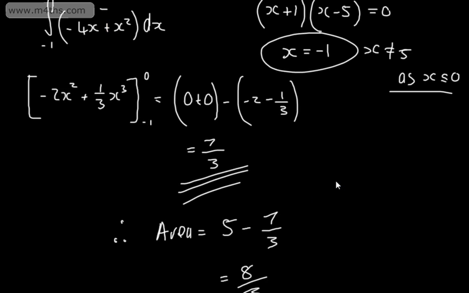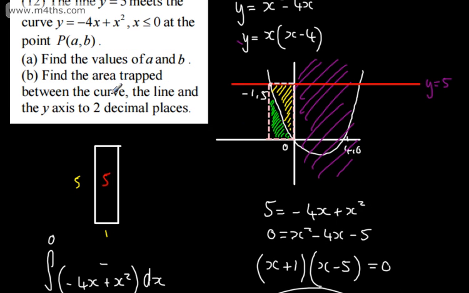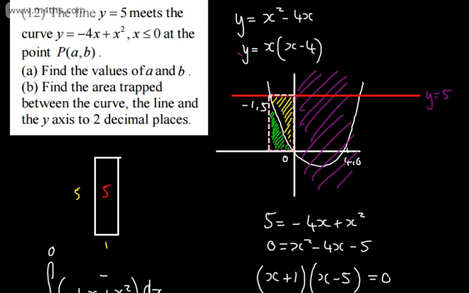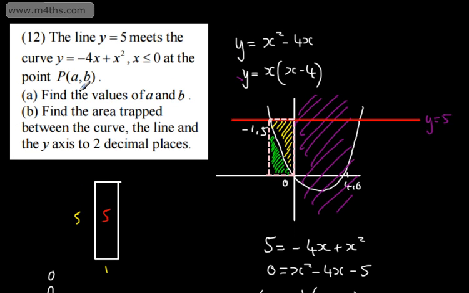So that is the area trapped between the curve, the line, and the y-axis, which is just here, as the curve is only defined for values of x equal to or less than 0. So that's another exam style question looking at integration and in particular areas through definite integrals.